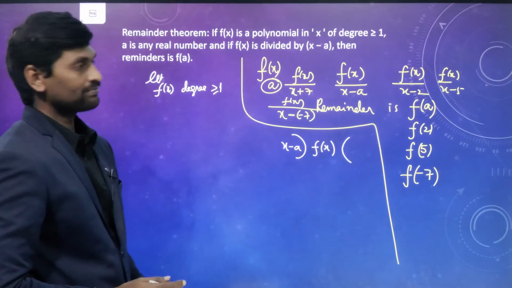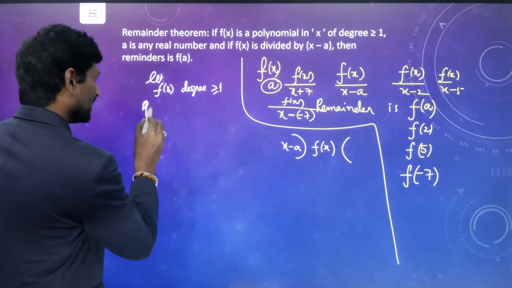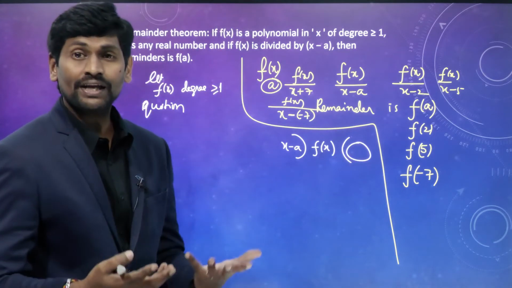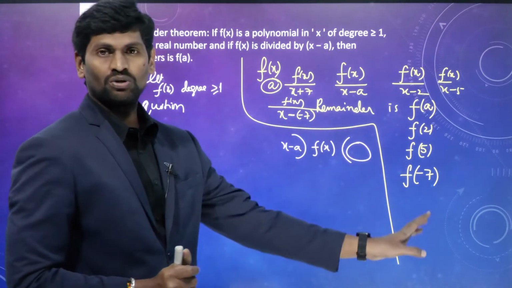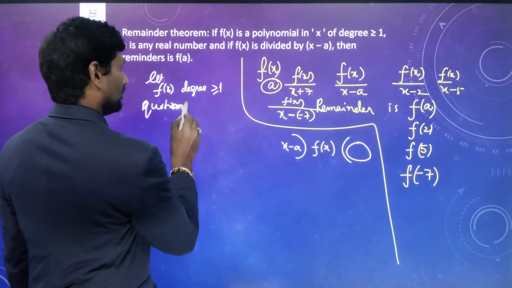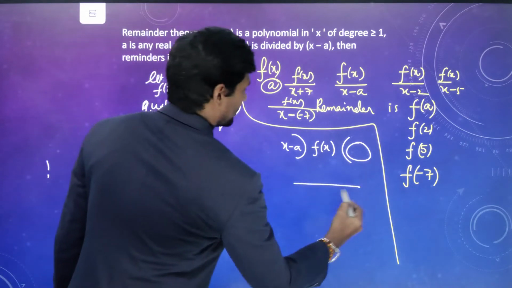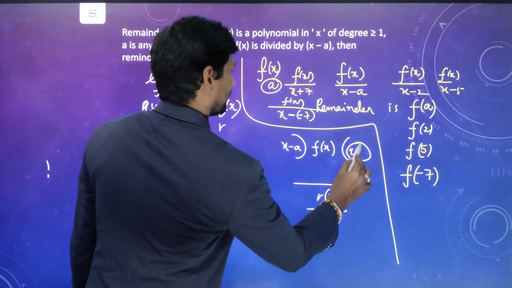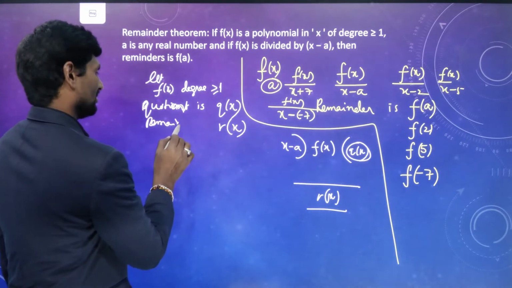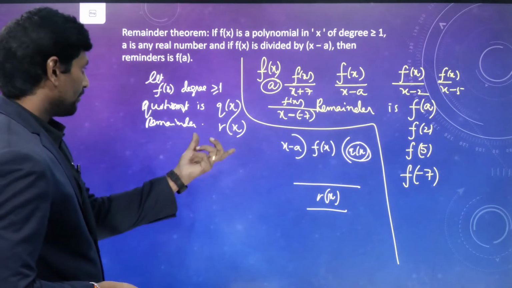Let the quotient be something, with some coefficient. Let us take the quotient as q of x, and the remainder as r of x.